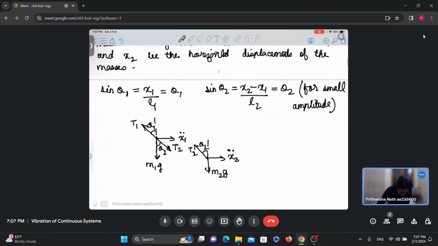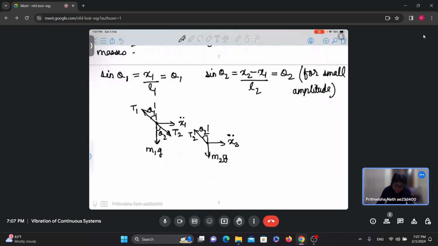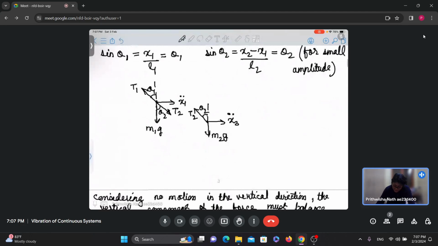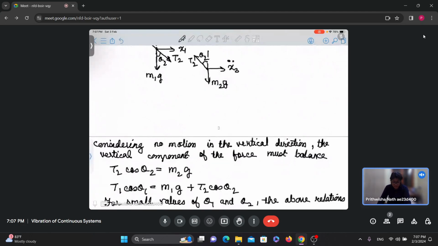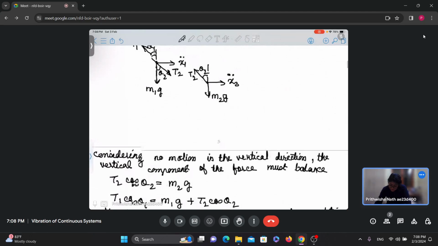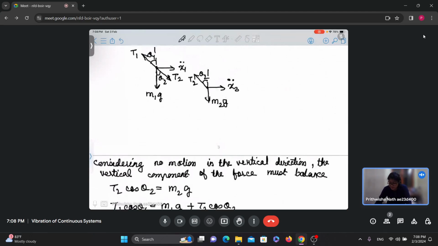Similarly for mass M2, this can be seen. Now I write the force balance, because we have considered there is no motion in the vertical direction, so the masses should not have any acceleration. So I can write T2 cos θ2. In the vertical direction, T2 cos θ2 is balanced by m2 g, as can be seen from the free body diagram.